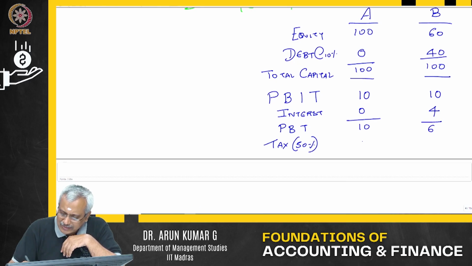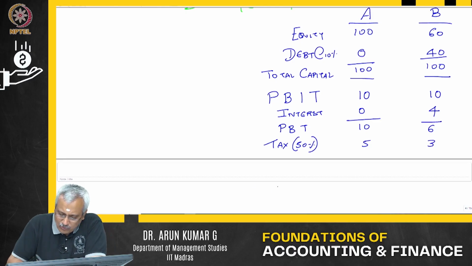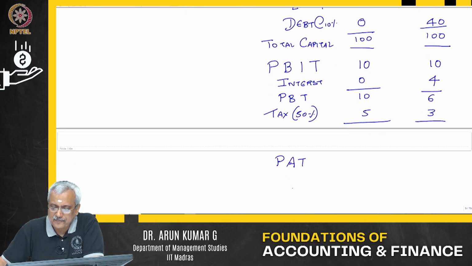Now the tax is $5 here and $3 here. So after taxes, my profit after tax, PAT, in this case is $5 and $3.